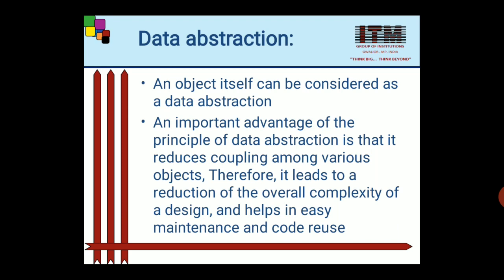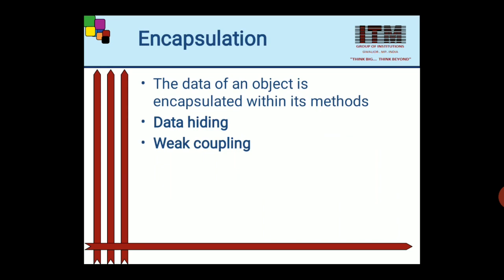Now the next key component is encapsulation, in which the data of an object is encapsulated within its methods. To access the data internal to an object, other objects have to invoke its methods and cannot directly access the data.